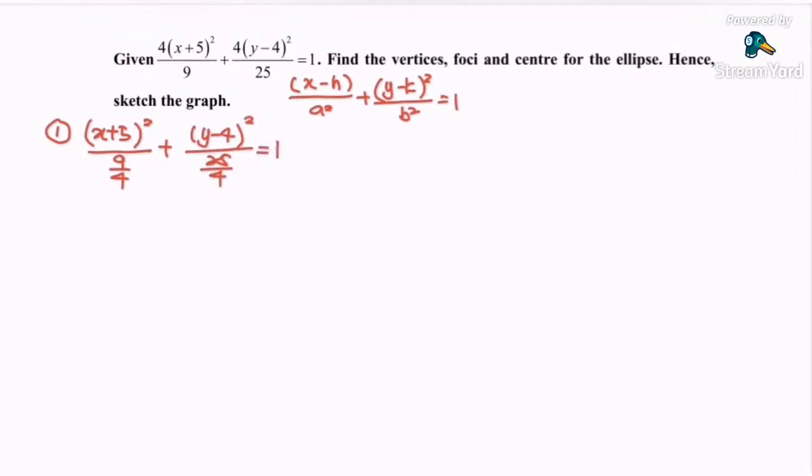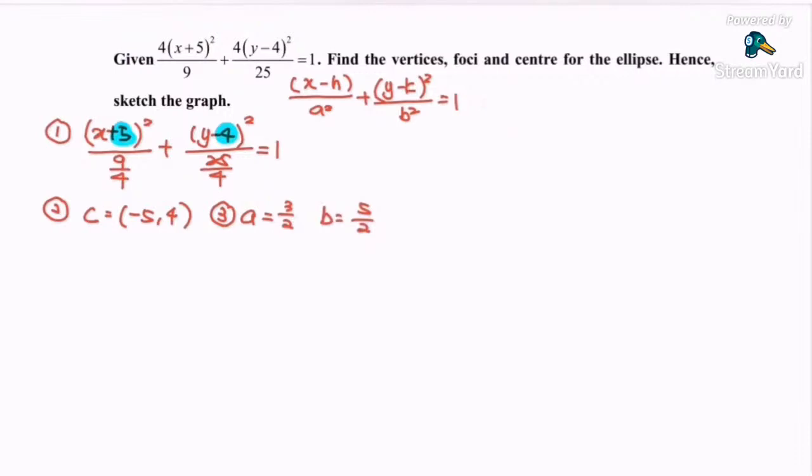Then compare the equation where we have h and k. Center is equals to (h, k), where we have -5 and 4, followed by the value a. So the value a will be 3 over 2, and the value b is equals to 5 over 2.